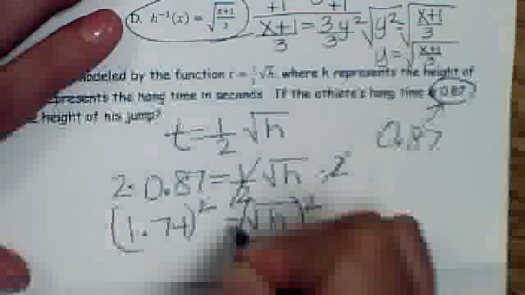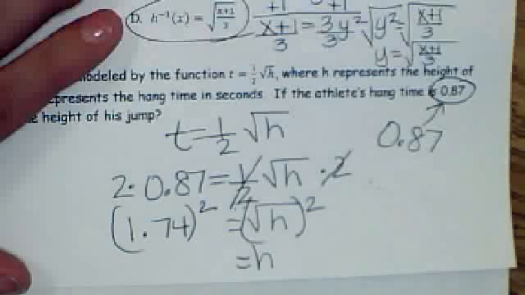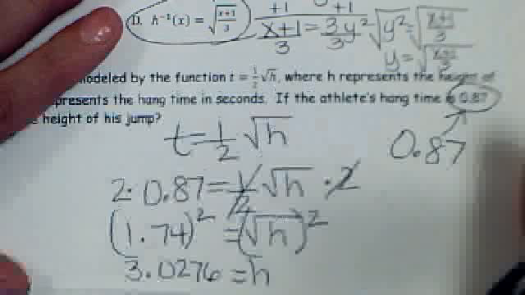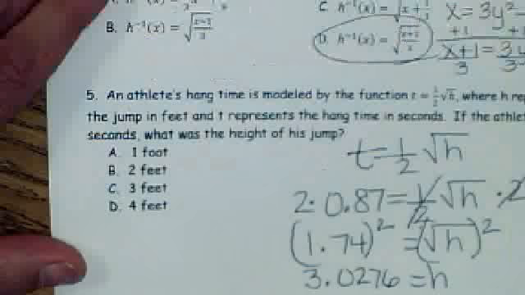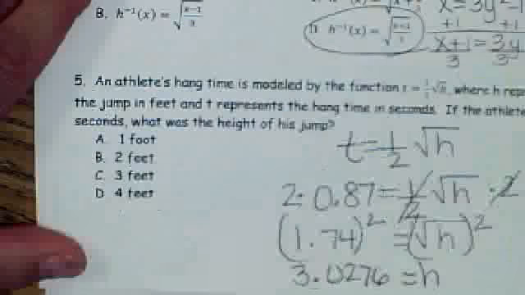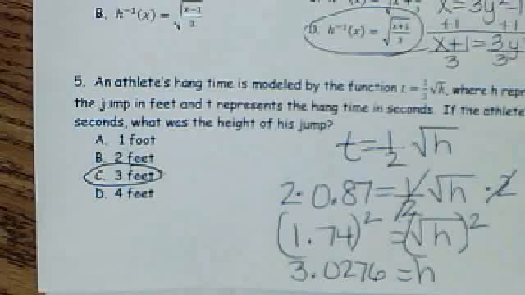So when I square both sides, I get h equals, and then I'm going to square that 1.74, and I get 3.0276. So that has to mean that the answer is C, because we want to just round it. We want an estimate. So remember, everything that I wrote, you should have written on your paper for when I check it.